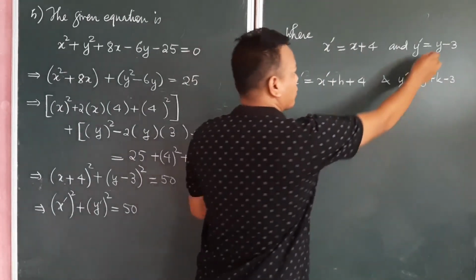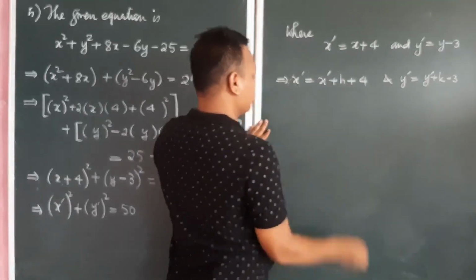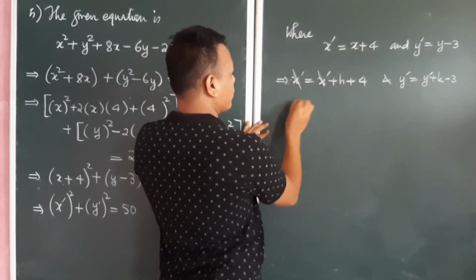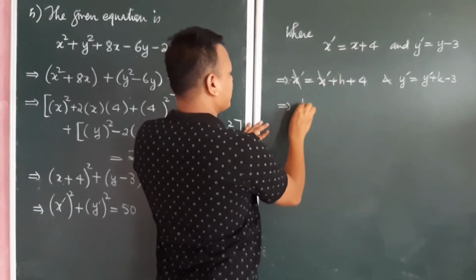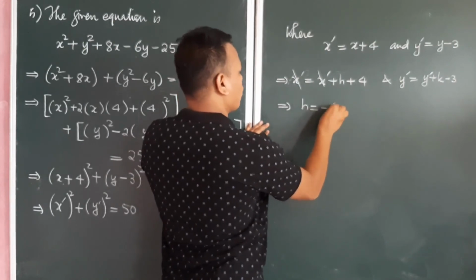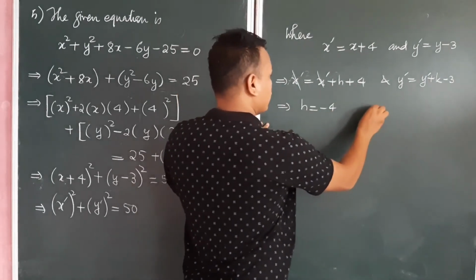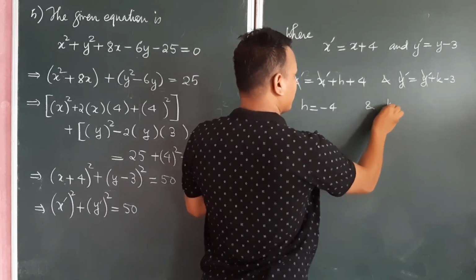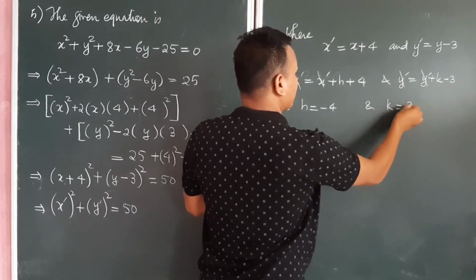Now x dash and x dash, you can remove this. Okay, so from here we have got h equals to minus 4, right? And y dash and y dash gets cancelled, so we have k equals to 3.